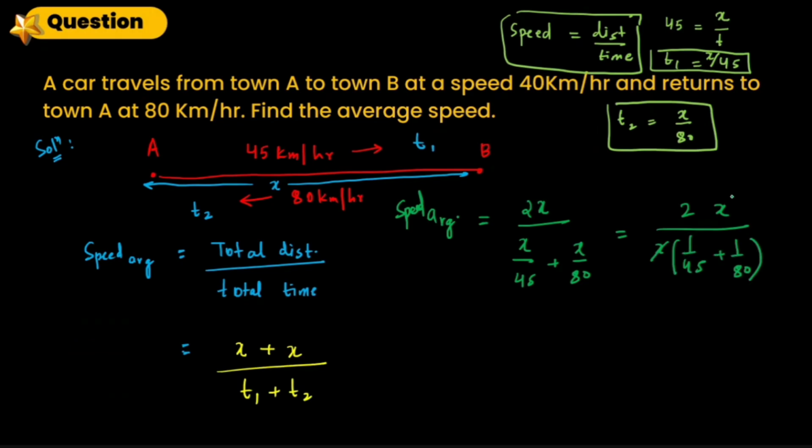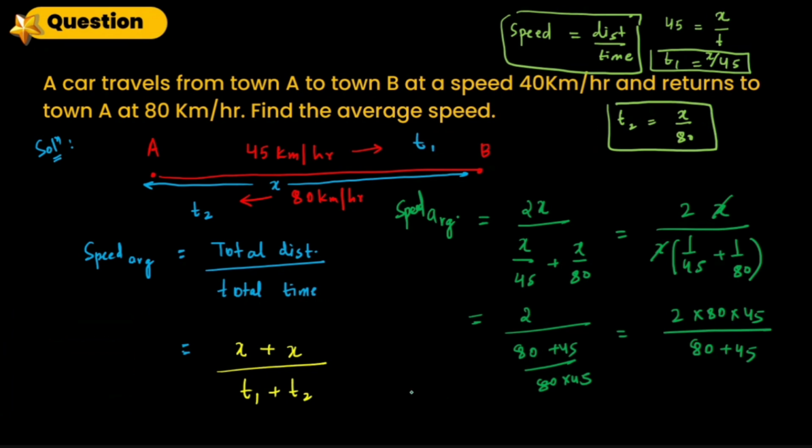So x will cancel out. I'm writing each and every step so that it won't be difficult to understand how things go. So just try to understand whatever I'm writing. Because this is a normal calculation, I don't think I should even explain this to you, but I'm doing it so that there is no confusion.